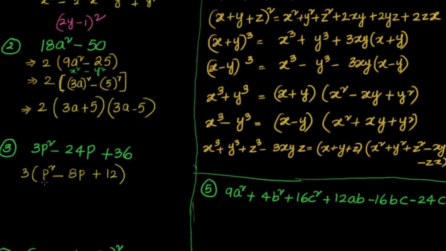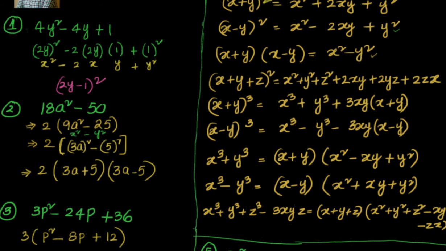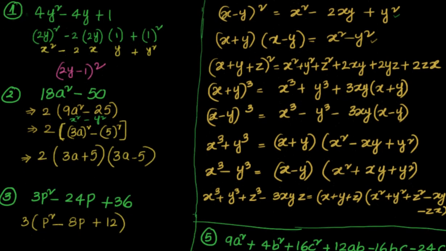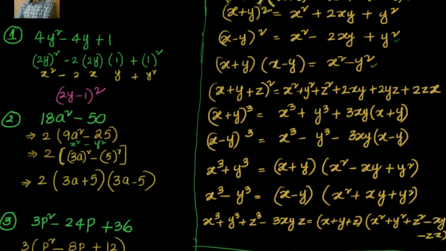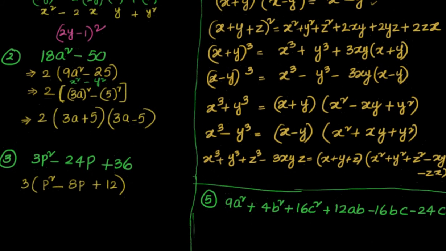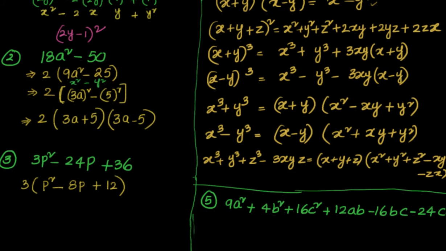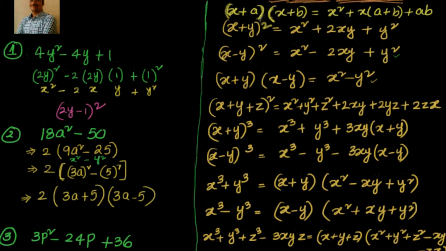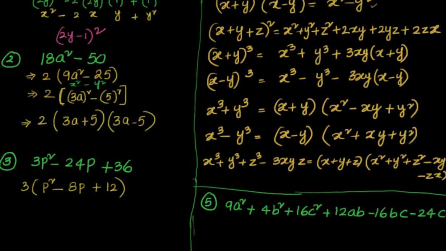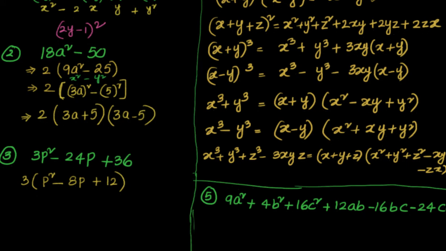Now if I look at this, I have something like x square, that is perfect. But 12 is not a perfect square, so the formula of x minus y whole square will not fit. So I should go for the x plus a into x plus b formula, which is nothing but factorization. It's not for a perfect square, but you are trying to factor them out.